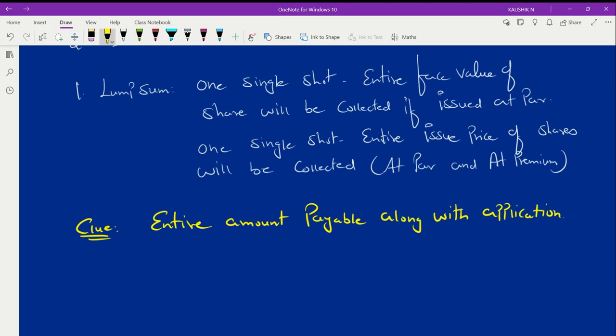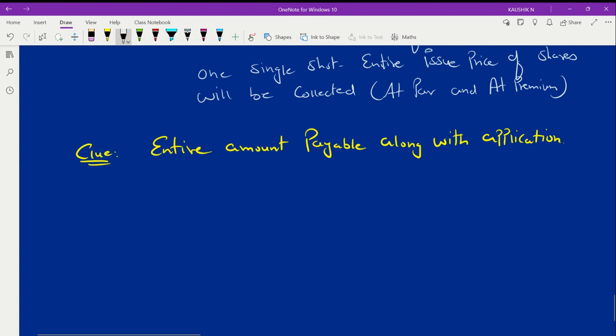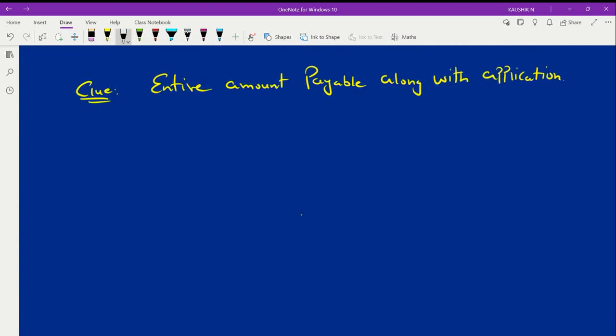If you have a phrase like this, then it is a clear-cut indicator that the method is the lump sum method. Is it clear to you? Okay. Next concept, in 2 minutes we'll complete.